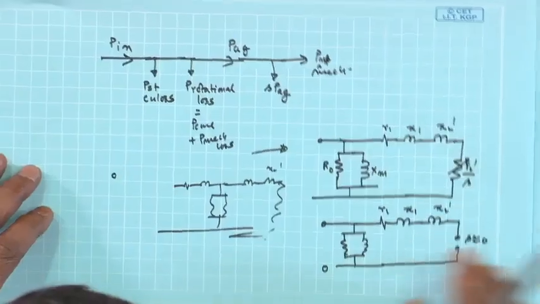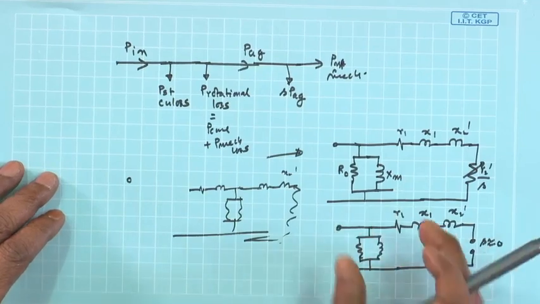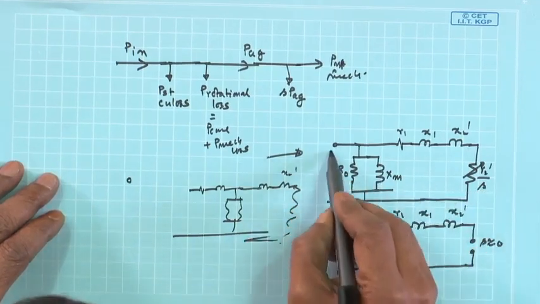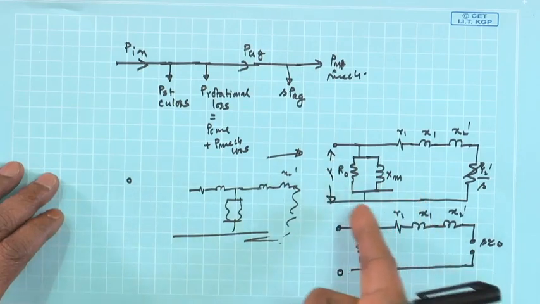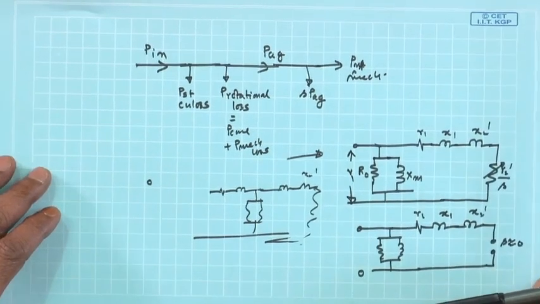And I told you that the equivalent circuit for this type of circle diagram will be of this type, that is, the parallel branch is brought in front of the supply, per phase V 1, R naught, X m. This R naught will represent both the frictional loss and things like that.